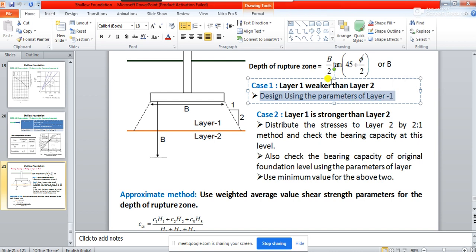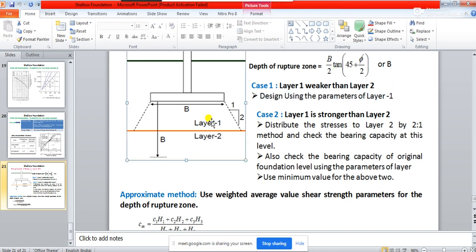You got it? So let's say the layer 1 phi value is 30 degree and layer 2 phi value is 42 degree. Considering that, which is going to possess more shearing strength? Layer 1 is obviously going to possess less shearing strength, and layer 2 will possess more, because what is the value of shearing strength?